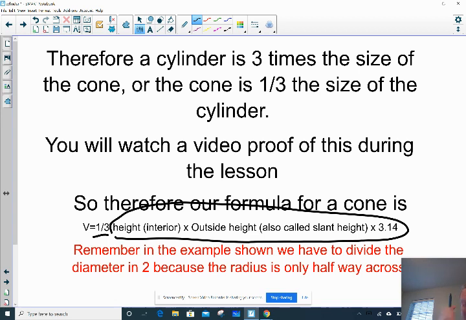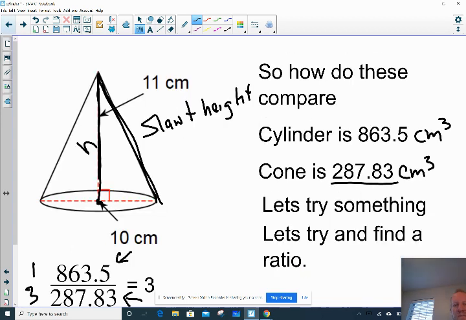So this gives me what I need to find out my interior. So let's see. We remember, plug it into a calculator. I get 1/3 times, going back, my height is 11 times my slant height, which I don't know, but I use times my radius.